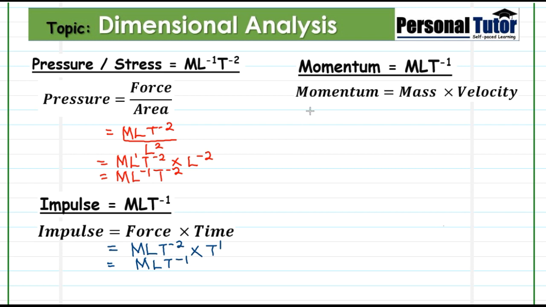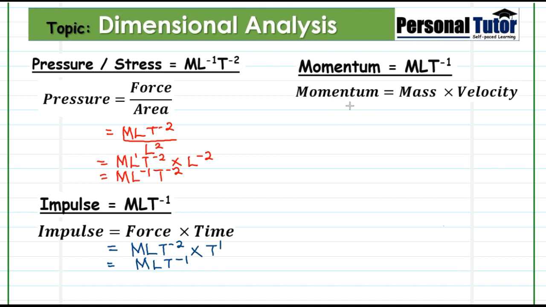Okay, now to momentum, which has the dimensional equation MLT exponent negative 1, similar to that of impulse, because impulse is actually change in momentum. As you go along your course in physics, you'll come to appreciate all of these.